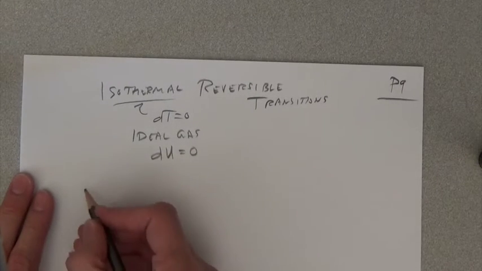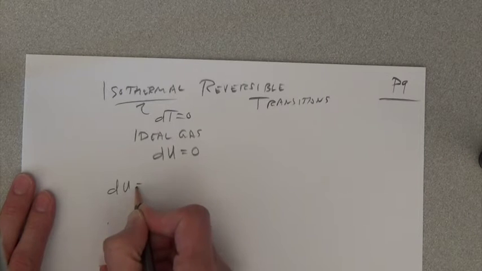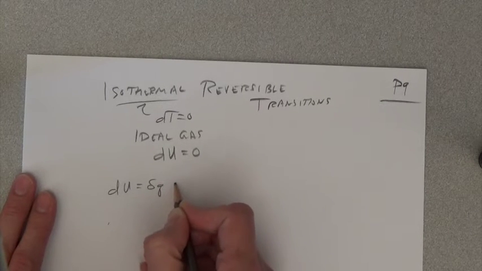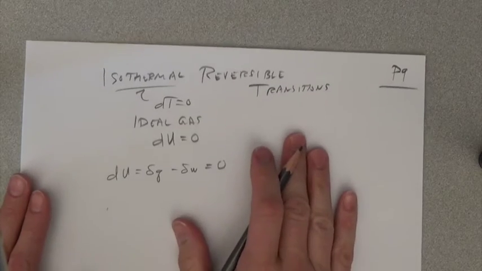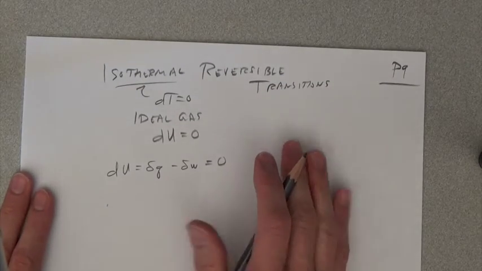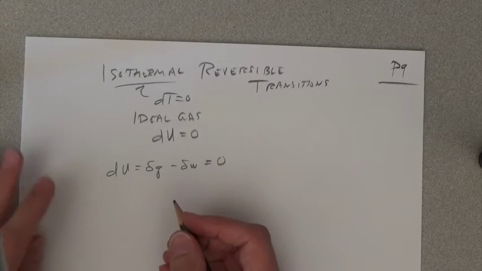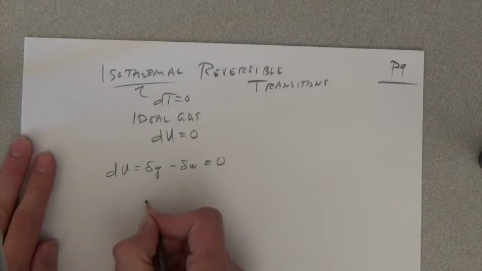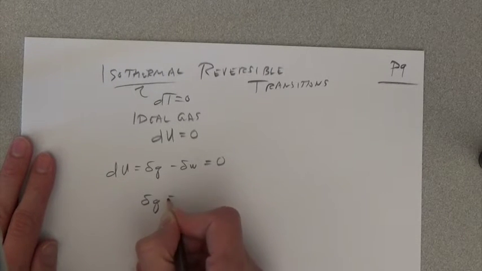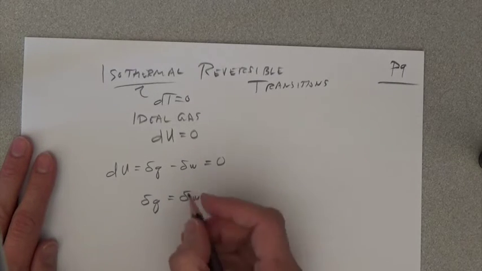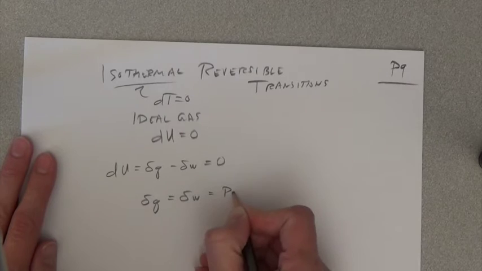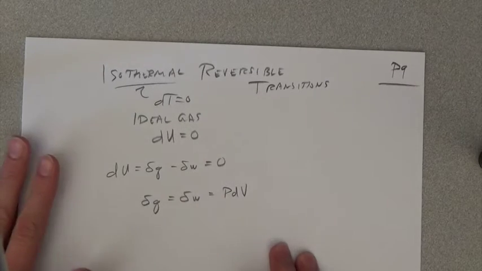So here we have dU is equal to delta Q minus delta W is equal to 0, which means delta Q is equal to delta W, and this delta W we can write out as P dV.